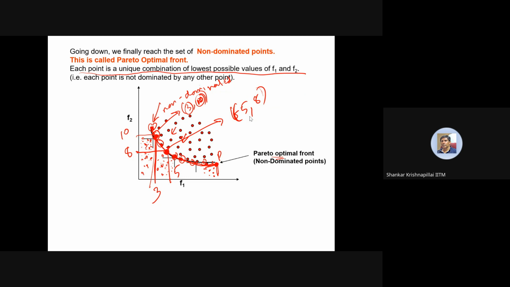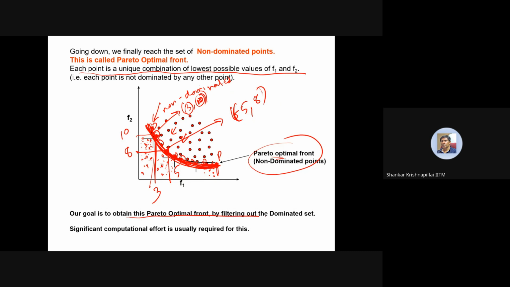Any point on this lower curve gives a unique combination of low values of F1 and F2 which cannot be improved. The locus of all these points is the Pareto optimal front. Our goal is to obtain this Pareto optimal front by filtering out the dominated set. This is the dominated set, dominated by all these non-dominated points.